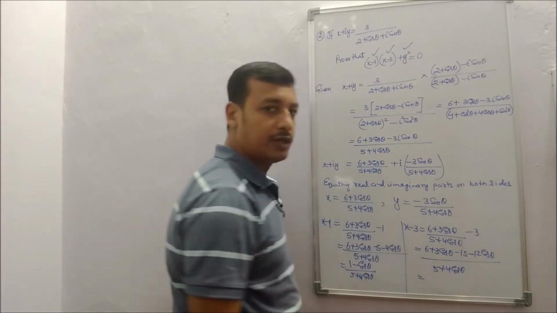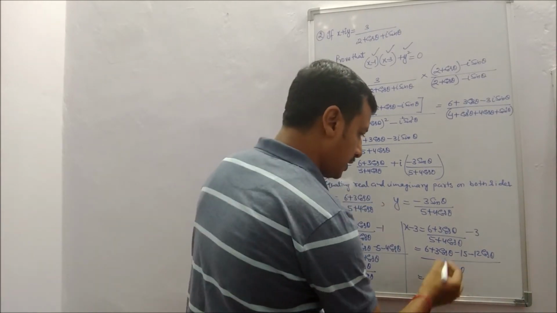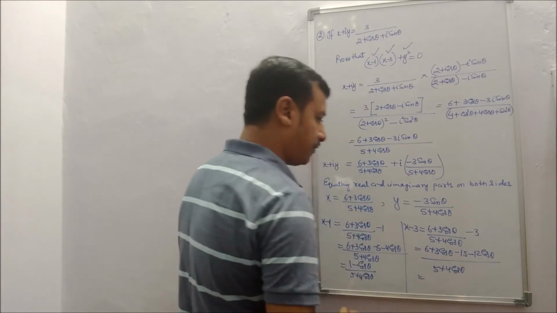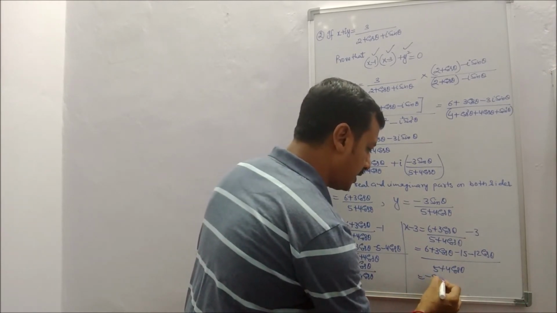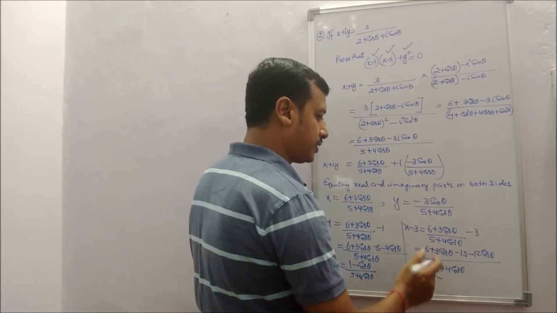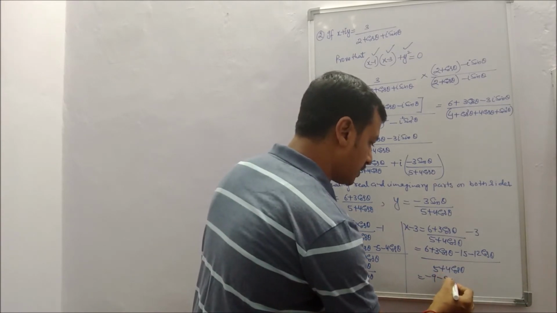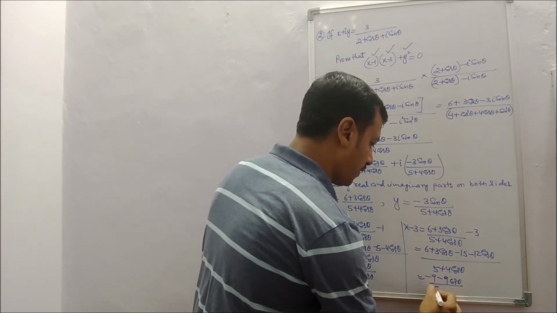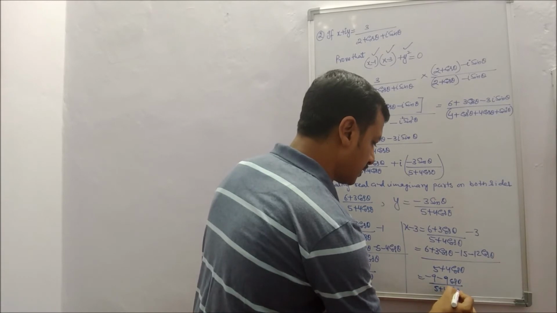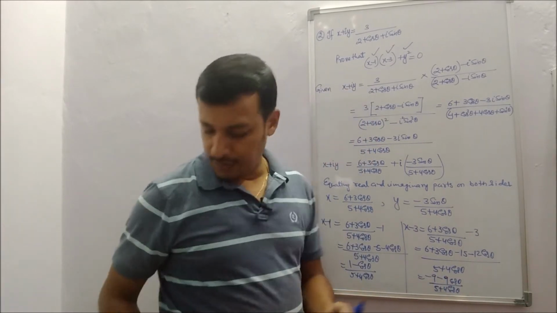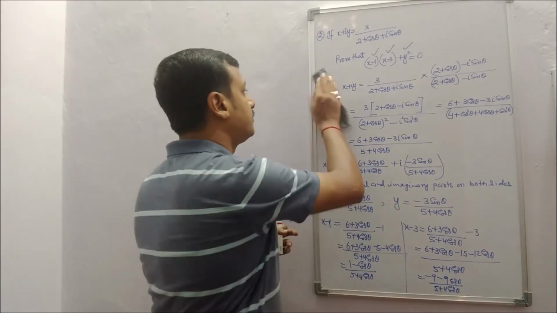So it will be equal to 6 minus 15, that is minus 9, and 3 cos theta minus 12 cos theta, that is minus 9 cos theta, divided by 5 plus 4 cos theta. So we have to use the LHS term.